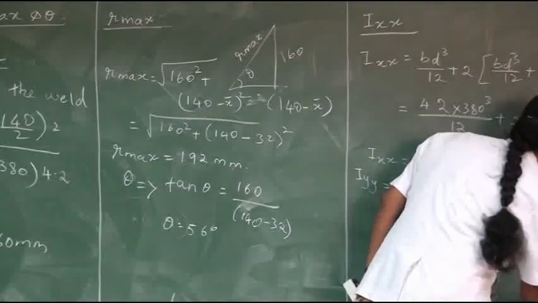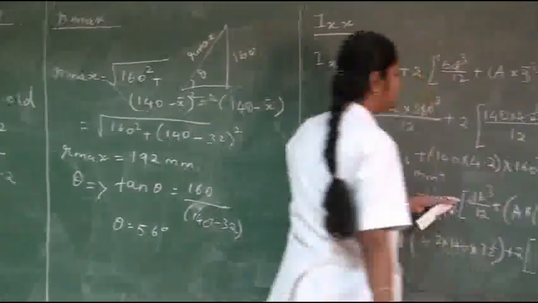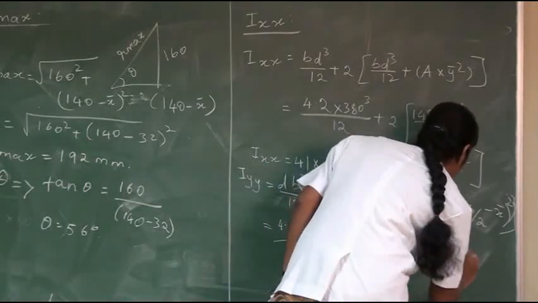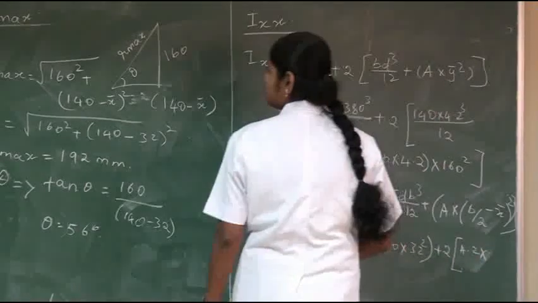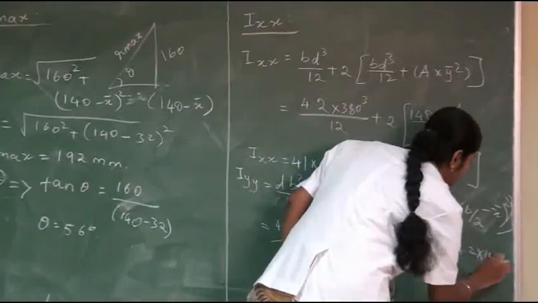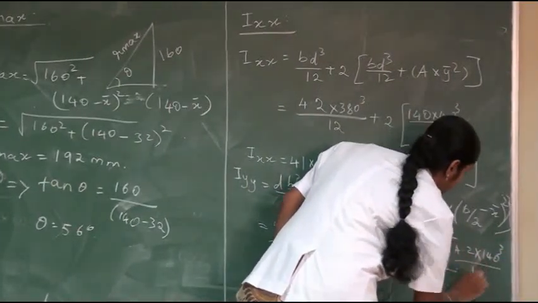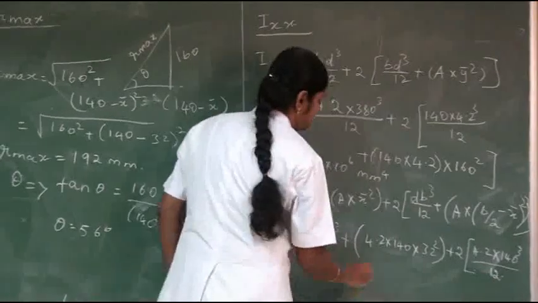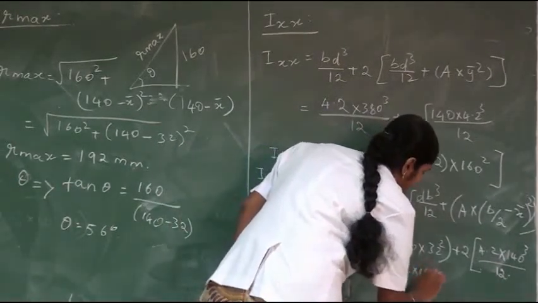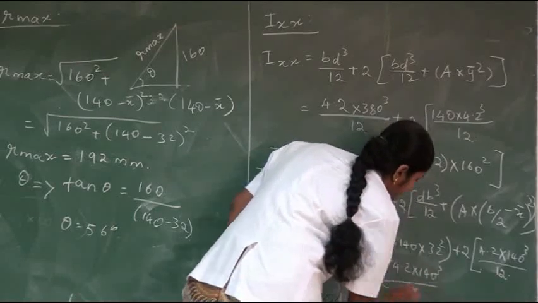Plus 2 into, here the depth is 4.2 into the breadth 140 mm divided by 12, plus the value of area is 4.2 into 140 cubed divided by 12.